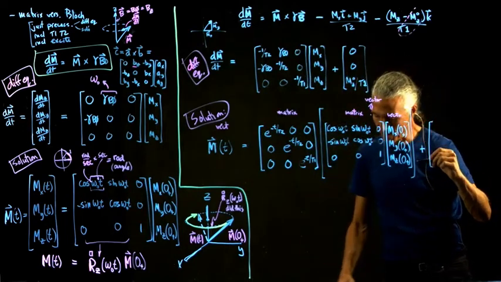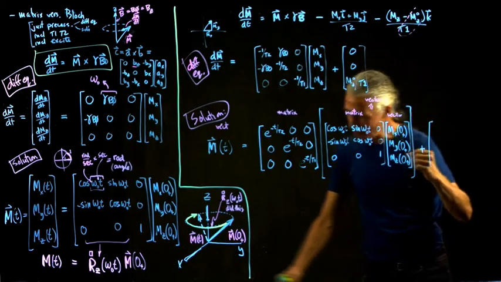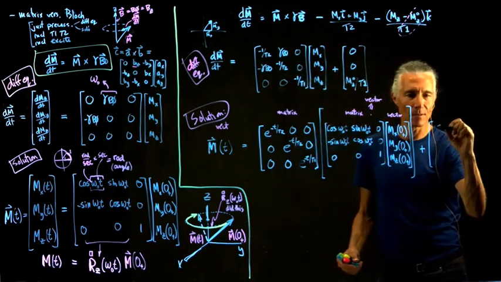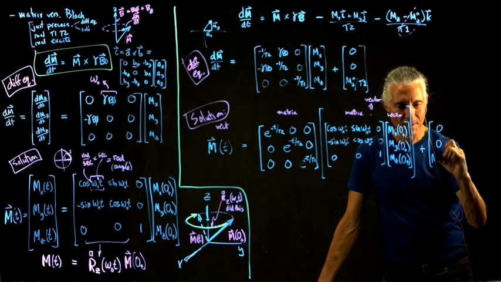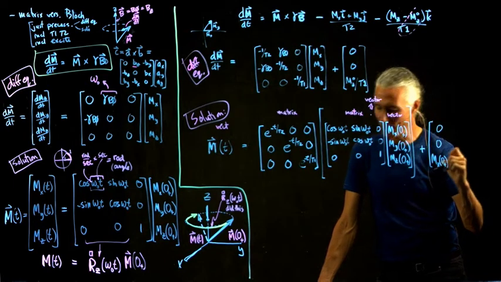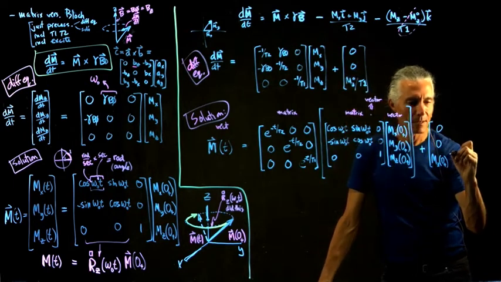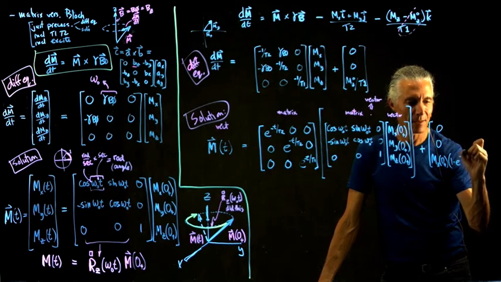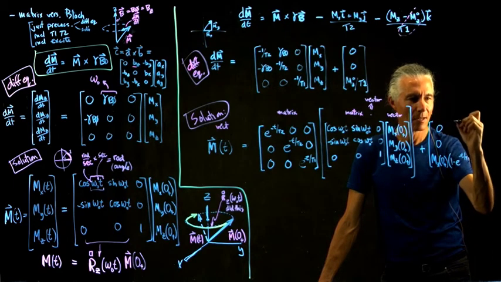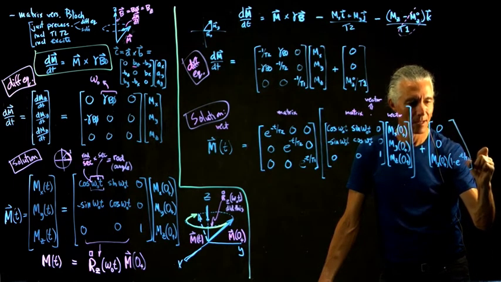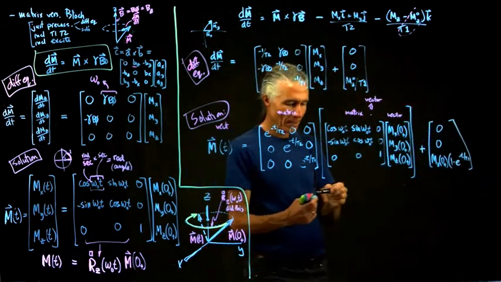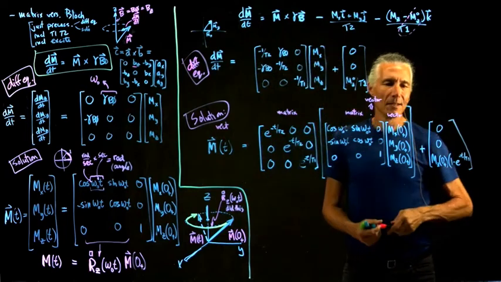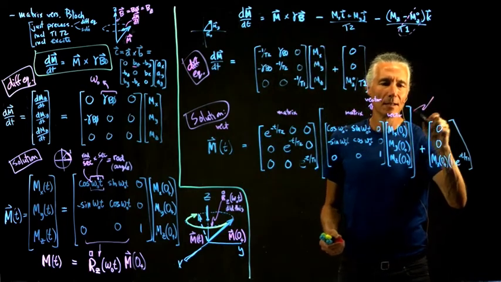So this guy just turns into 0, 0, and then kind of a big mess: Mz0 at the time just after the starting condition times 1 minus e to the minus t over T1. So that's just 3 numbers. So again, this is our initial condition.